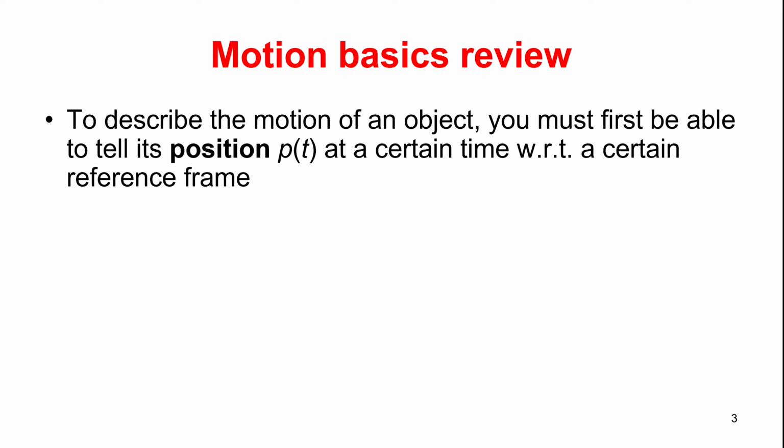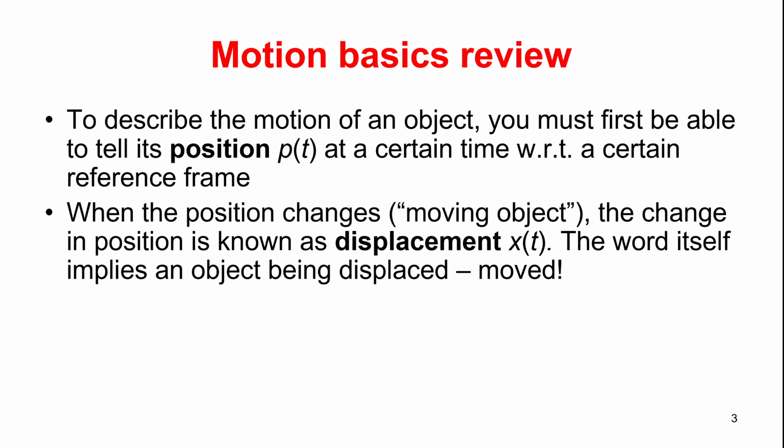Okay, motion. To describe the motion of an object, we must first find its position at a certain time. Whenever we find the position of a specific particle, a specific object at different times, we can find the displacement by subtracting the position at an initial time from the position at a current time.